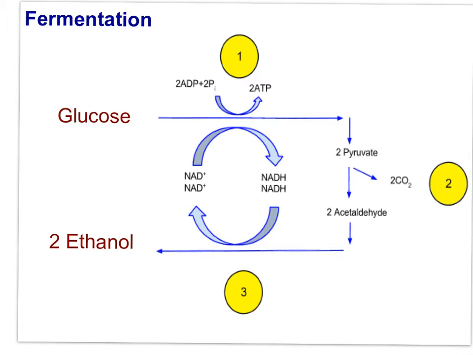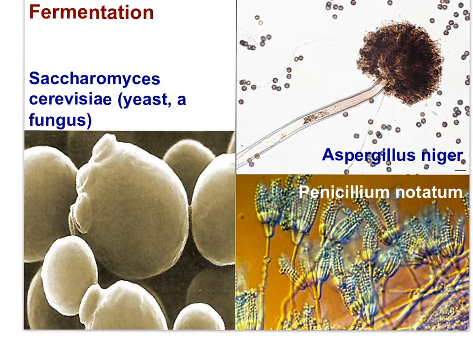There are various bacterial species that also ferment organic molecules. Here are photographs of chemoheterotroph fermenters: Saccharomyces cerevisiae yeast, Aspergillus niger for making citric acid, and Penicillium notatum for making penicillin. Again, you should recall these organisms and their role in fermentation from studying B.1.